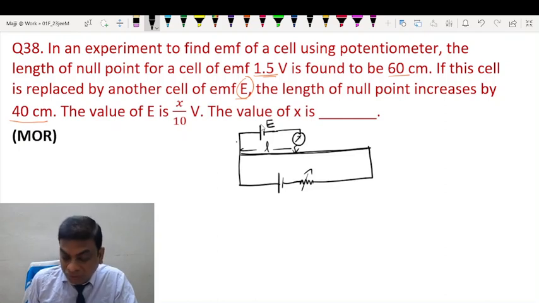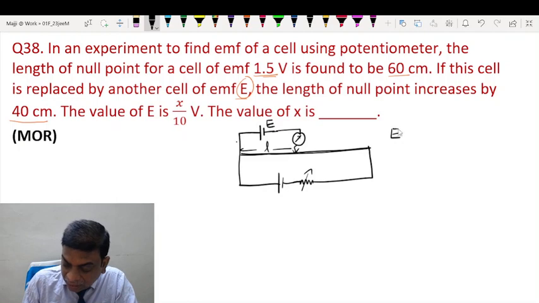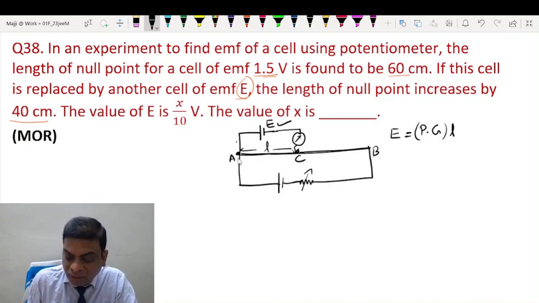Now the principle of the potentiometer states that the EMF of the cell which is being balanced is equal to the potential gradient multiplied by the balancing length. That is, the potential difference across AC of the potentiometer wire, across the balancing length, should be exactly equal to the EMF of the cell which is being balanced.